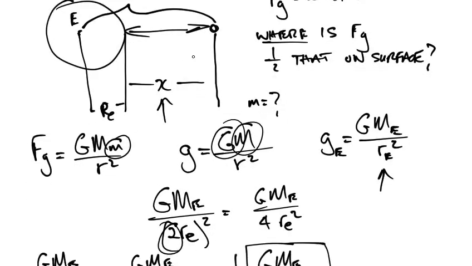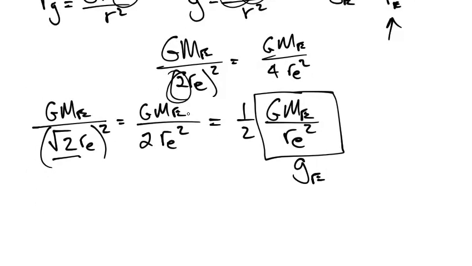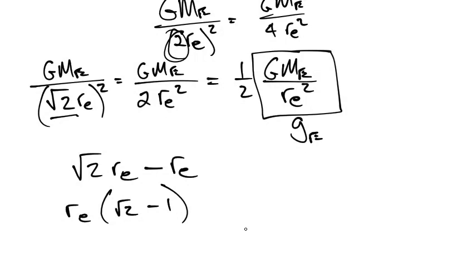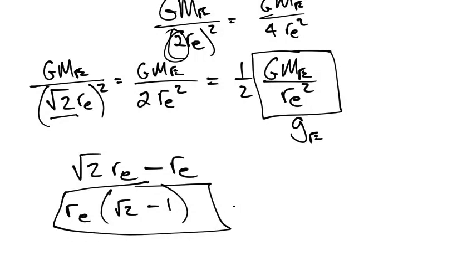So therefore, we have to subtract 1 Earth radius. We have to go root 2 RE, subtract 1 RE from that, and that is our answer. Well, fortunately, look how nicely the math works out. We can factor out an RE and simply get root 2 minus 1. And that is our answer.